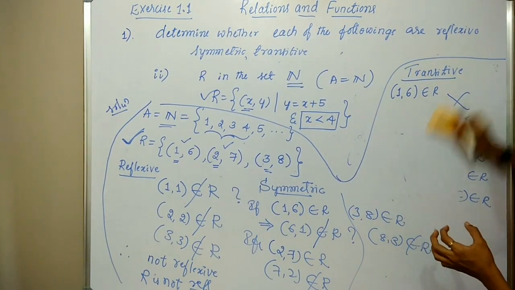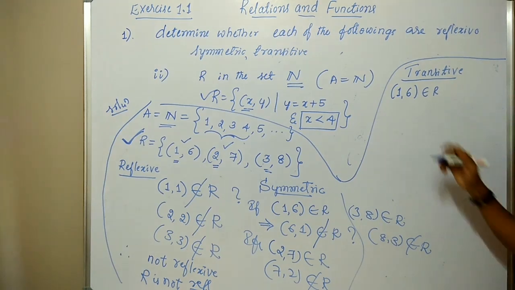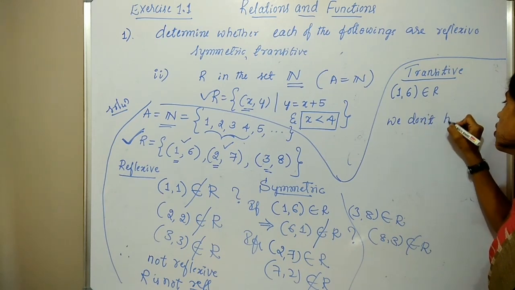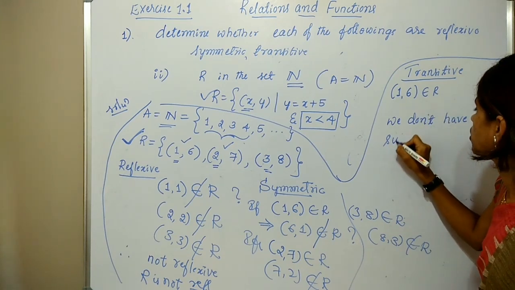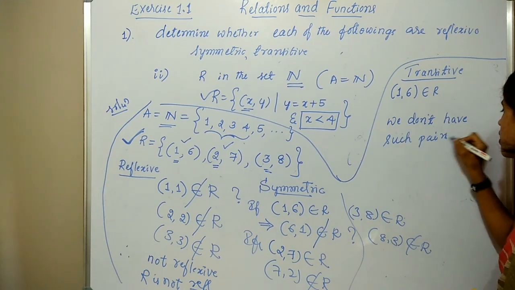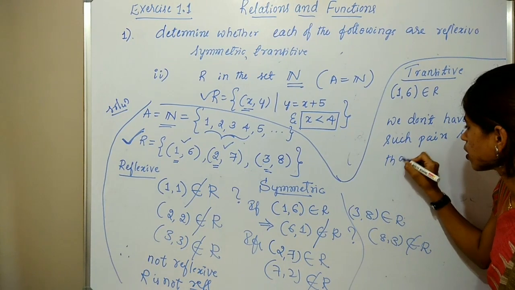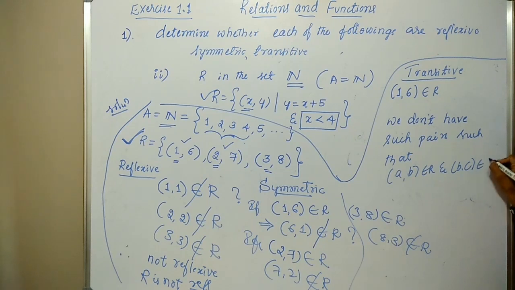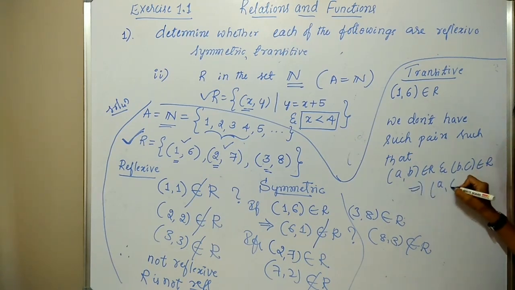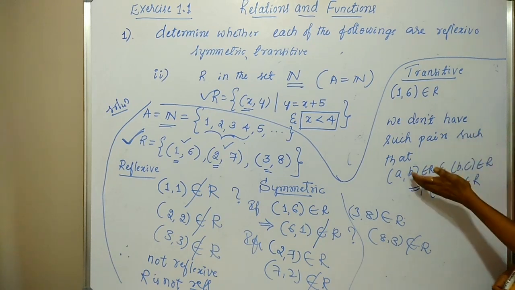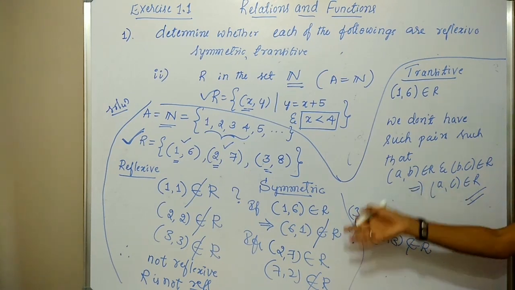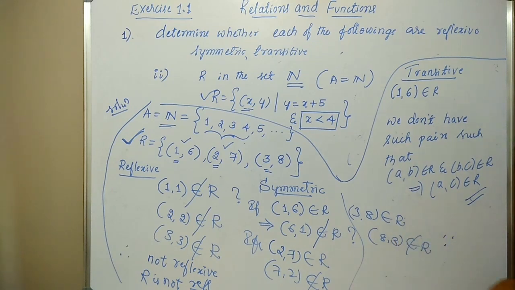For transitivity, write one sentence: we don't have such pairs such that AB belongs to R and BC belongs to R implies AC belongs to R. That is the conclusion for transitivity. So therefore neither reflexive nor symmetric nor transitive. Please pause the video and write it down.